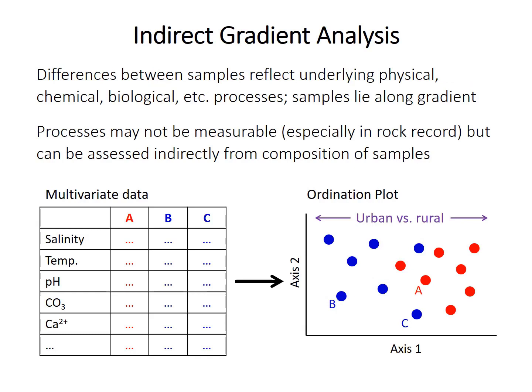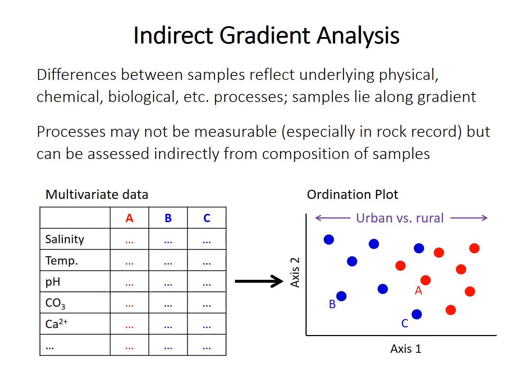So the main premise is that the differences between samples, or between sites or whatever, reflect underlying processes, and those samples can be arranged along gradients in those processes. The process itself might not be measurable or observable. This is probably especially true in the deep time rock record or a lot of the geological observations we might have.